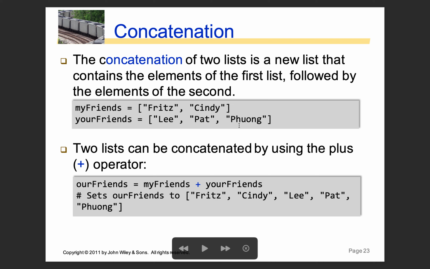Then we can concatenate them together using the addition operator, or the plus sign operator, the concatenation operator. Our friends equals, so a new list equals my friends concatenated with your friends, which sets up our friends to be the list containing Fritz, Cindy, Lee, Pat, and Fong. Okay, so we've joined the two lists together to create a new list with now 1, 2, 3, 4, 5 elements.